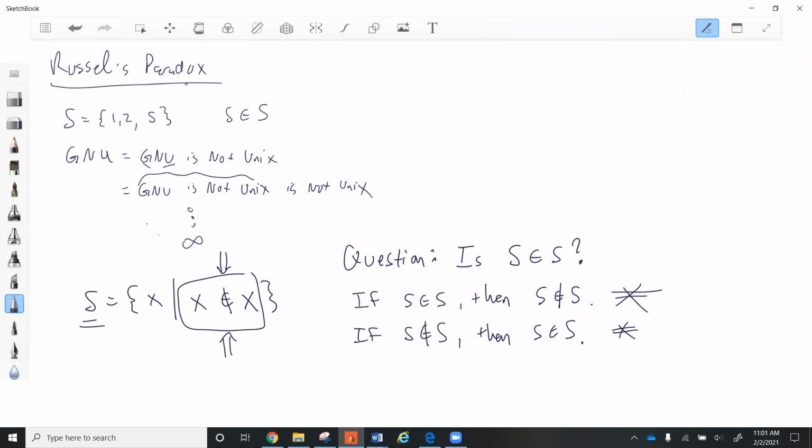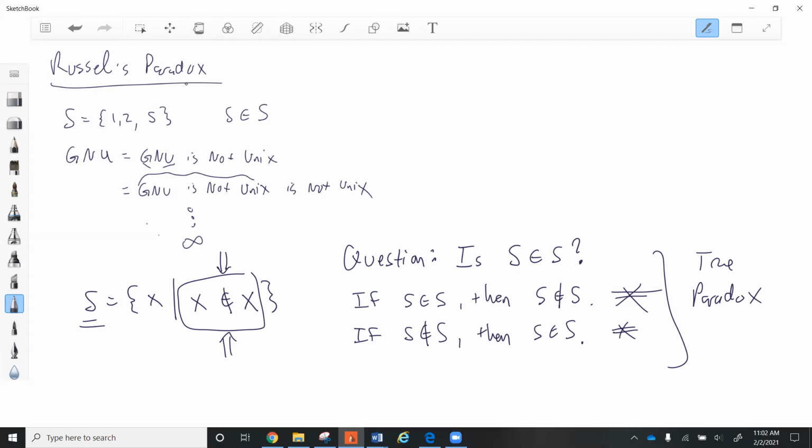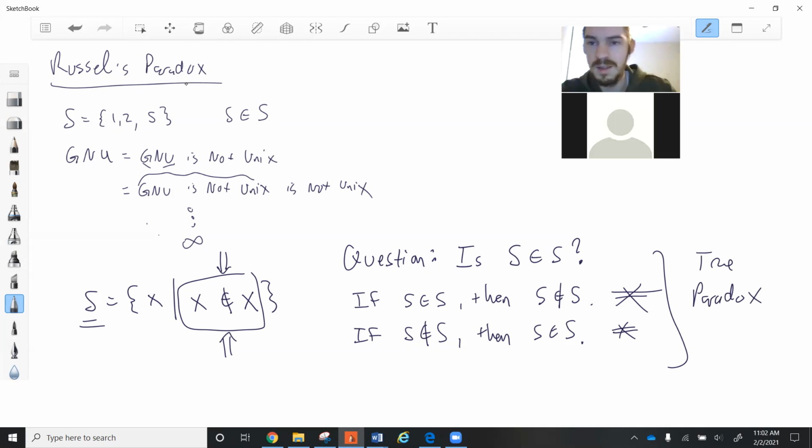This is a true paradox. A lot of things that people call paradoxes are not true paradoxes. They're just surprising facts. That's not a real paradox. A real paradox is something which literally leads to a contradiction.